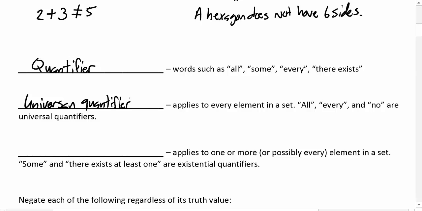Then we have what's called an existential quantifier. These apply to some sort of condition. So maybe we're not talking about everything in the set.